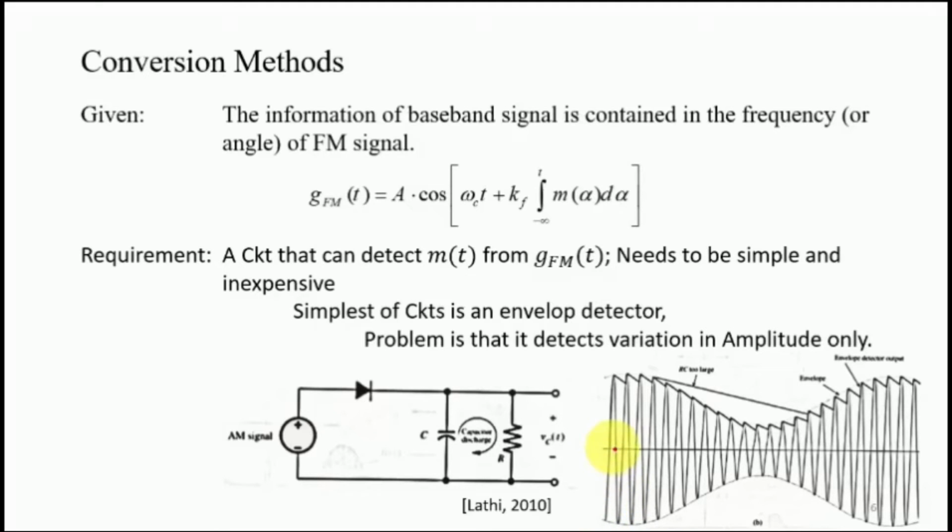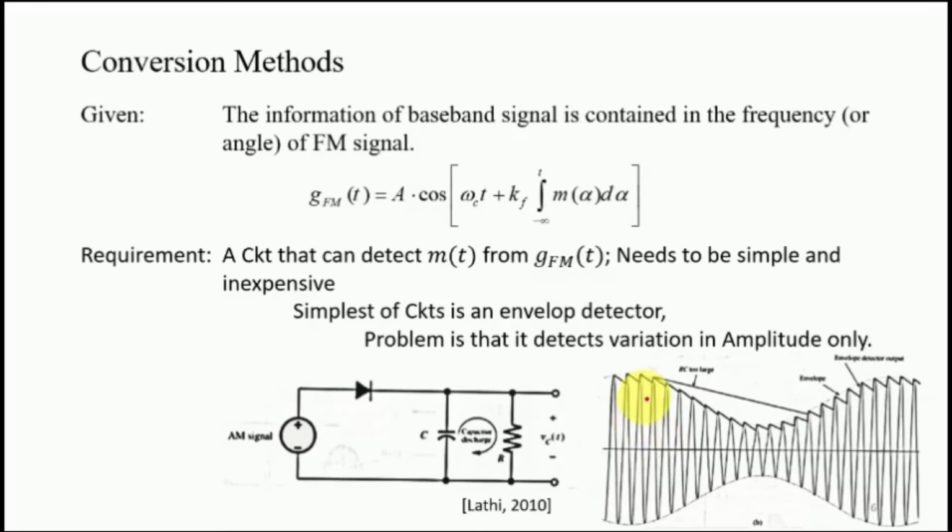When your incoming signal is above 0, it would charge the capacitor, but once it goes down, the capacitor will discharge, and the voltage across the resistor would be observed, right? It would discharge, but the rate of discharge would be much slower than the frequency of the incoming signal. So in the next cycle again it will charge, discharge, charge, discharge, and so on.